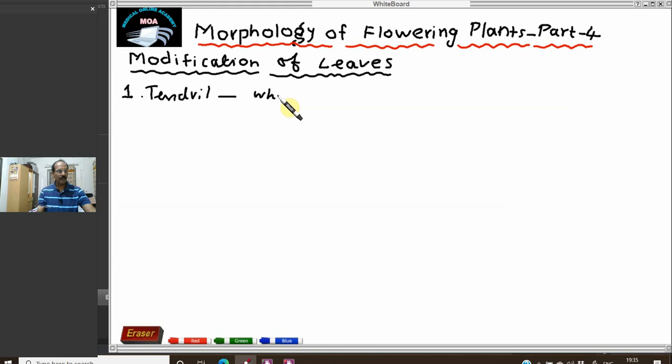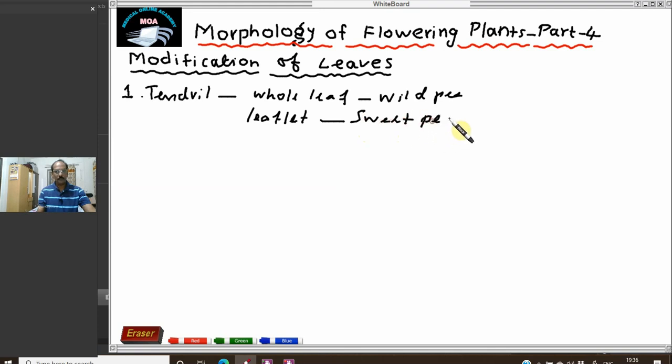In the case of the wild pea, the whole leaf is changed into a tendril. In the case of the sweet pea, the leaflet is changed into a tendril. What is a leaflet? A leaflet is a small leaf present at the end of the rachis. The leaflet will change into a tendril in the sweet pea plant.